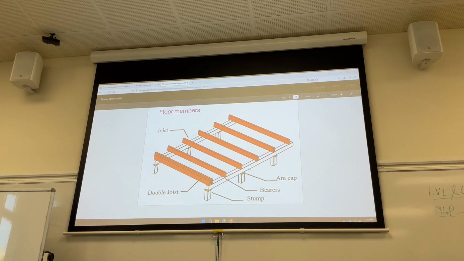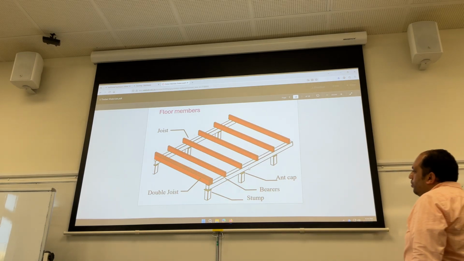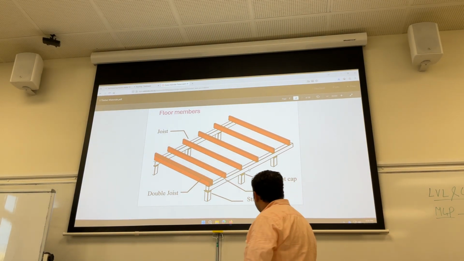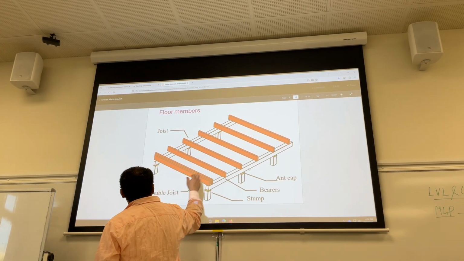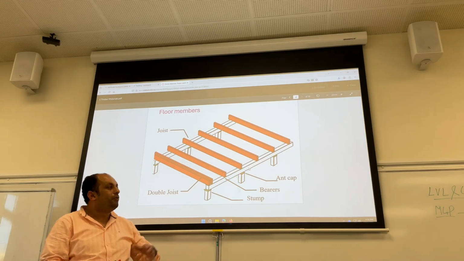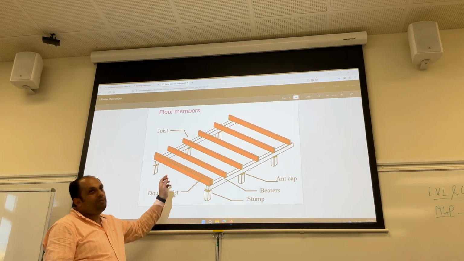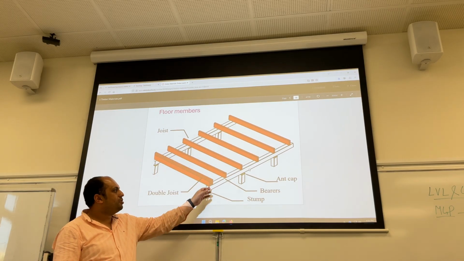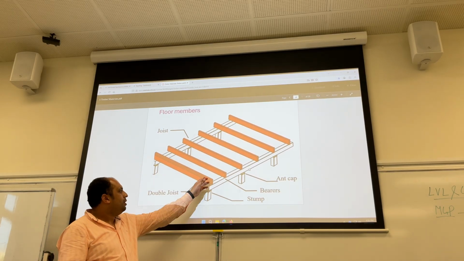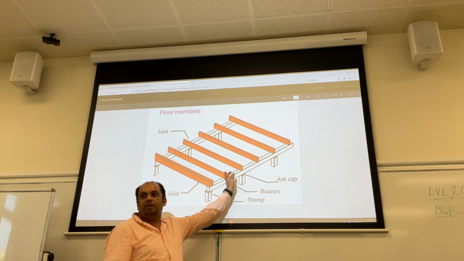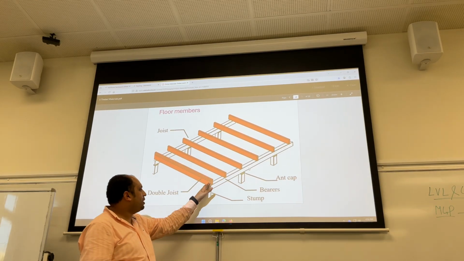This is the floor. For the floor, we also need some elements to carry the floor. What will carry the floor? The joist. So the floor joist. We have floor joists, and here maybe at the end we can have double. Why can we have double joist here? Because this joist will carry the right side, and this joist will carry the left side.